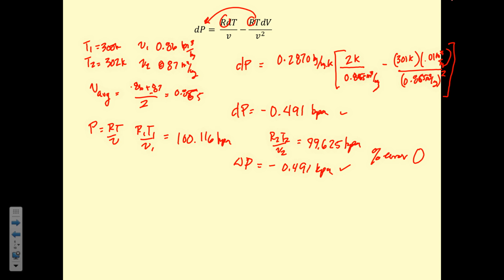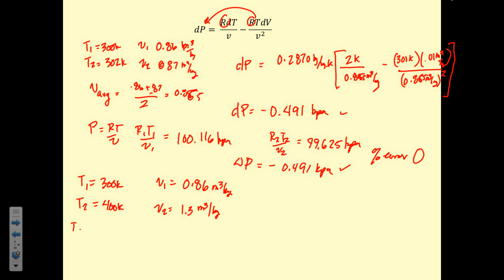Okay, so now let's see what happens if we use a larger temperature interval. So 300 Kelvin, to now we're going to use 400 Kelvin. And we're assuming V1 is equal to 0.86 again, meters cubed per kilogram, and V2 is 1.3 meters cubed per kilogram.